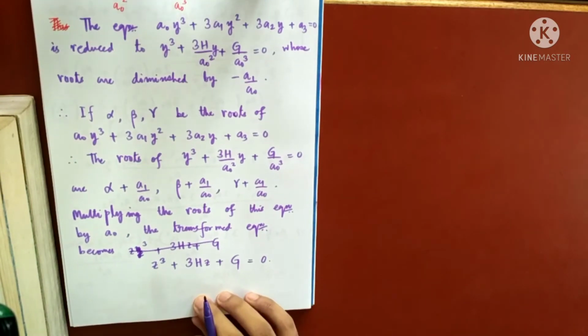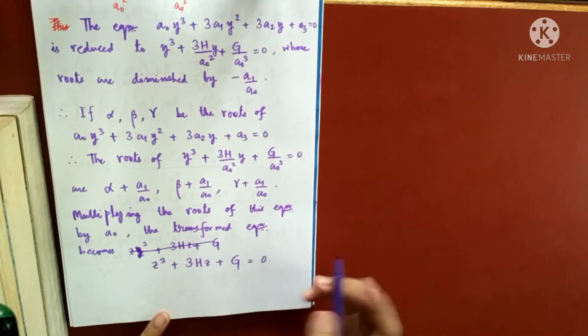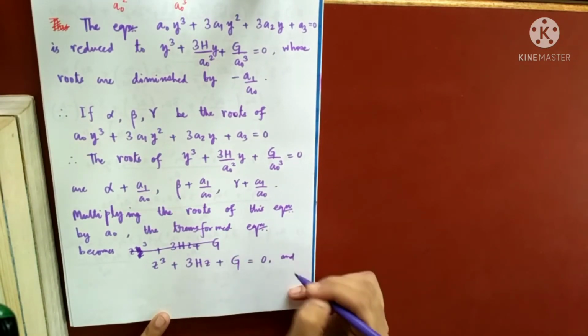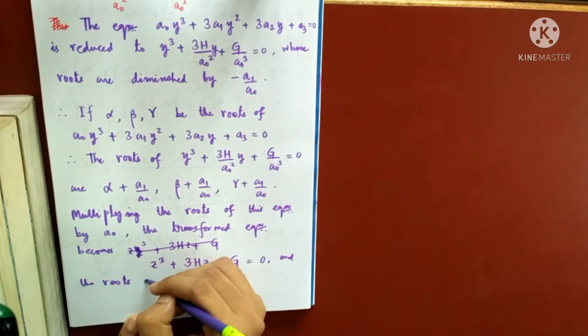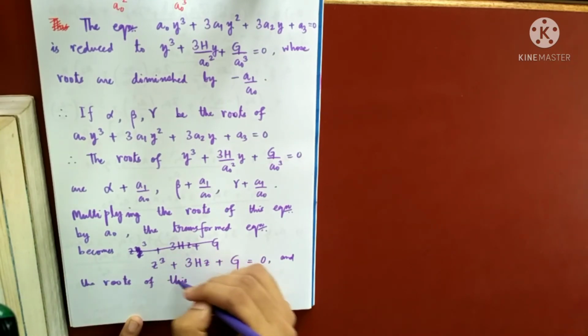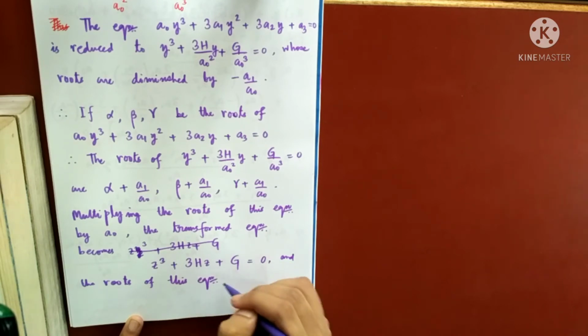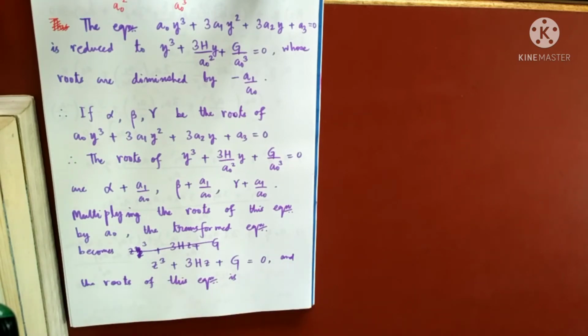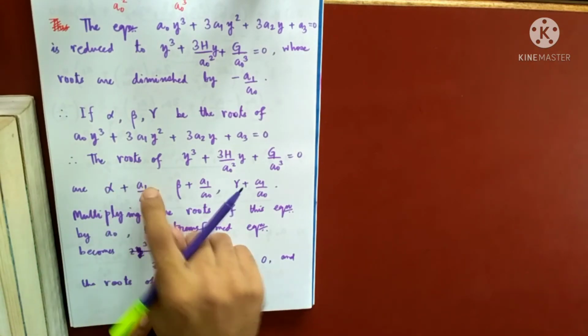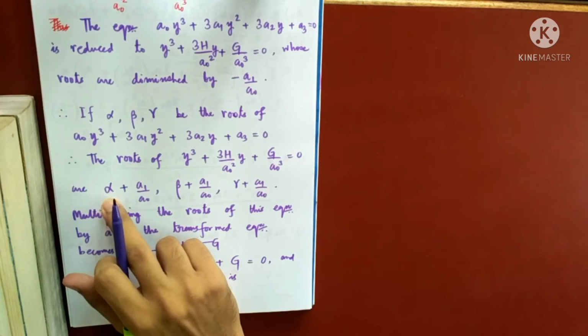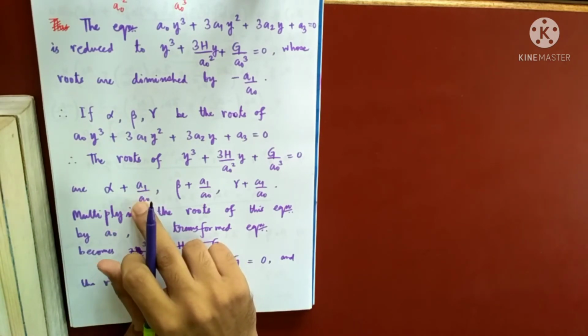I am multiplying the roots of this equation by a naught. So this will become a naught alpha plus a1, because alpha a naught will get cancelled here.